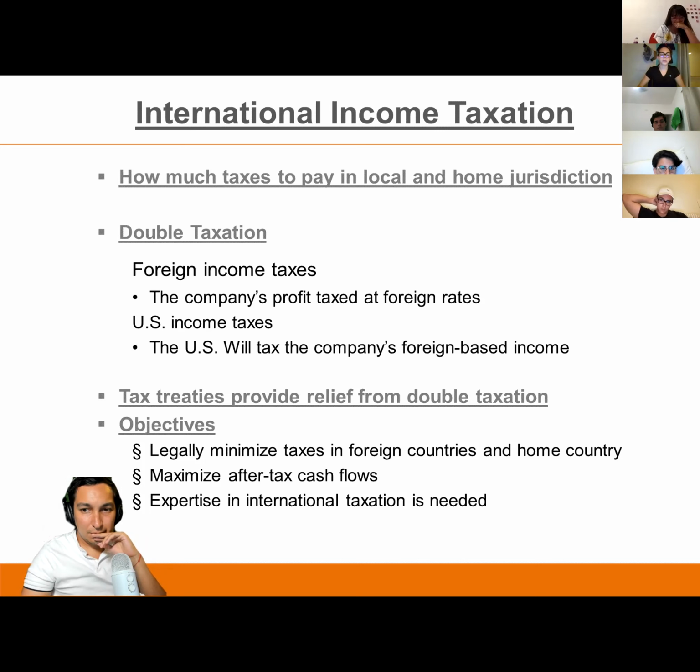Maybe the price you're going to sell your product at, considering the taxes you have to pay in that other country, so that you don't lose a lot.